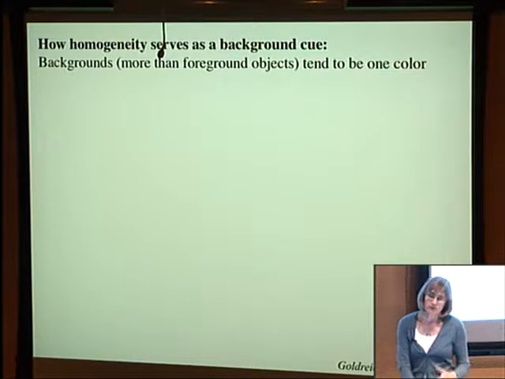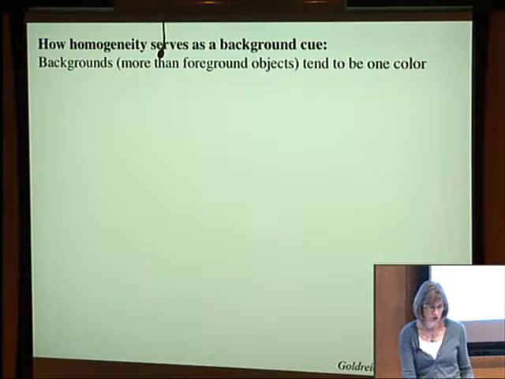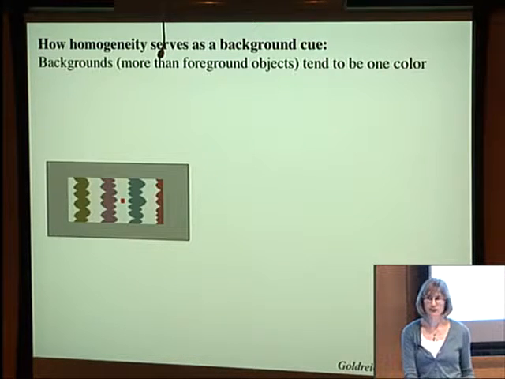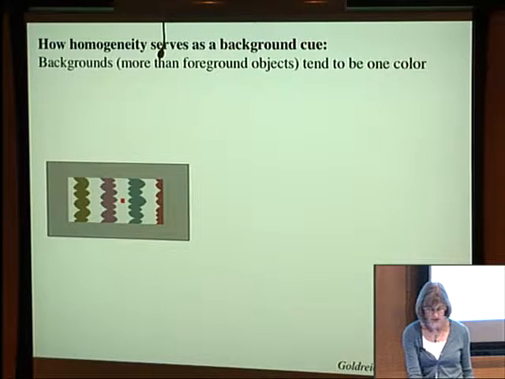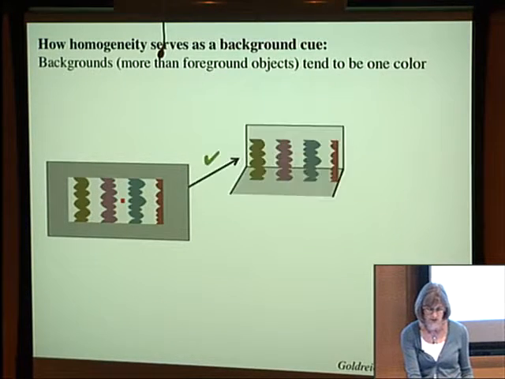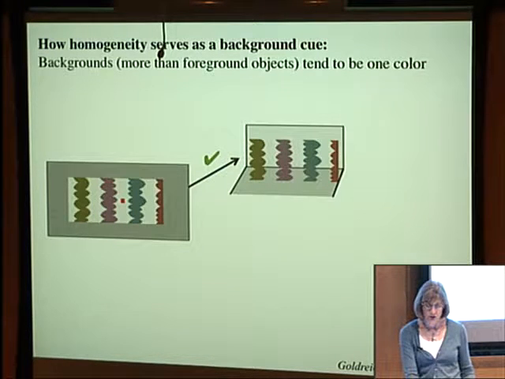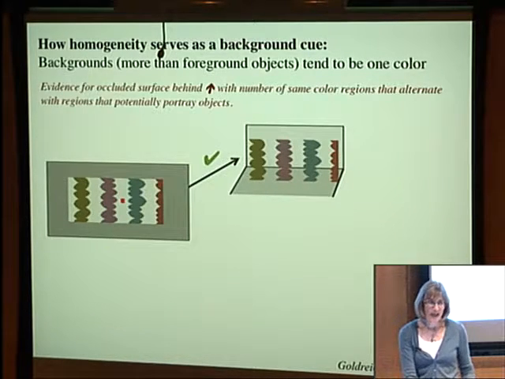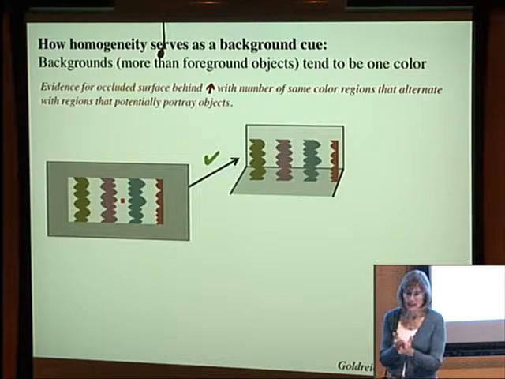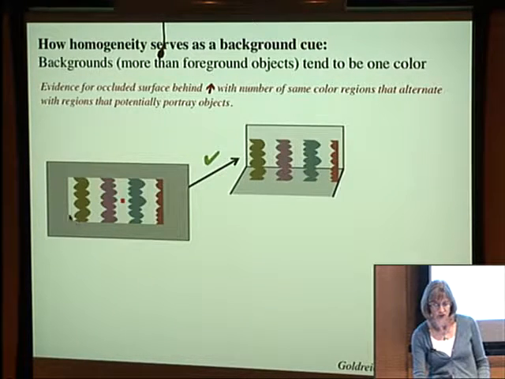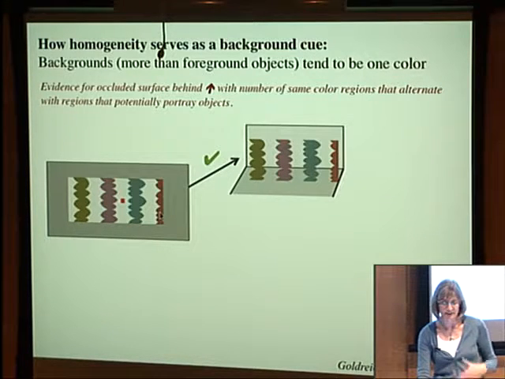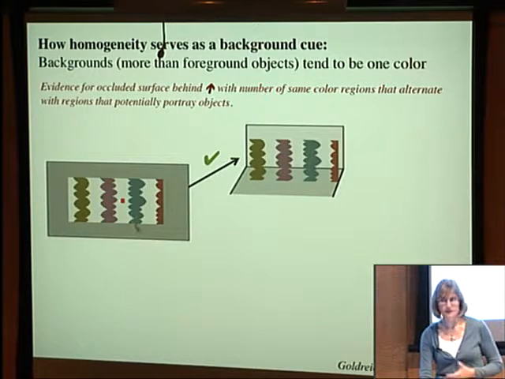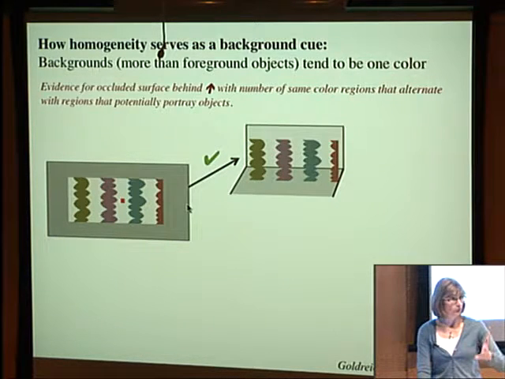Okay. So how does homogeneity serve as a background cue? What might be going on in terms of what subjects have learned from their experience in the world? So here's one of the displays that has a homogeneous set of concave regions. And we argue that the percept of the homogeneous regions as the ground is quite common, and that the evidence that those homogeneous regions are actually forming a surface behind the objects is accumulating as the number of homogeneous regions increases.